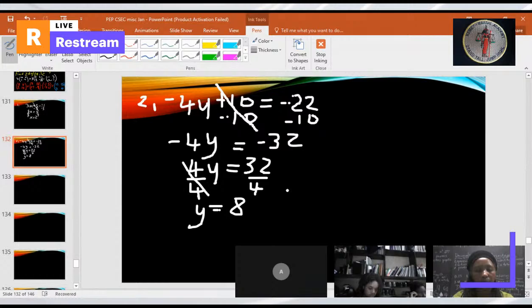And then when you add that to 10, you get negative 22, proving that your answer is correct. So you're saying negative 4 times 8. If we're saying y is 8, that would give negative 32. And when you add that to 10, you do get negative 22.